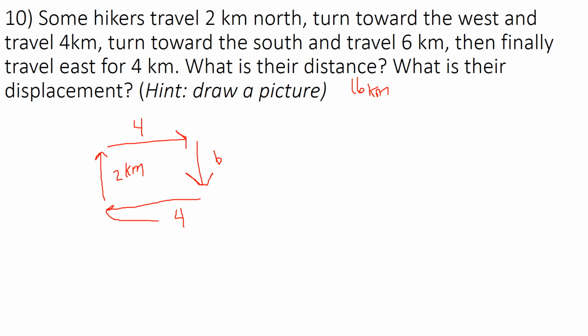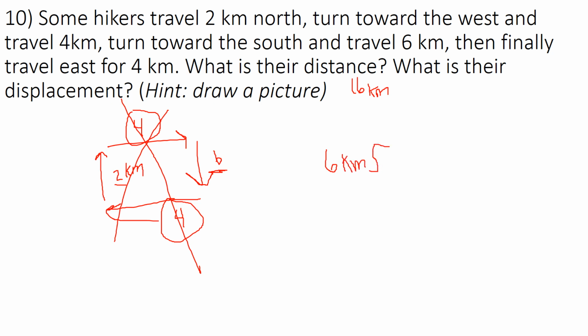Well, remember, these fours. One is west and one is east. They're in opposite directions, so we can just cancel those out. Now, these are also in opposite directions, but they aren't the same number, so we just subtract the smaller number from the bigger number. And so that would be 6 kilometers to the south minus, and if you have the directions written out, that even helps you more.